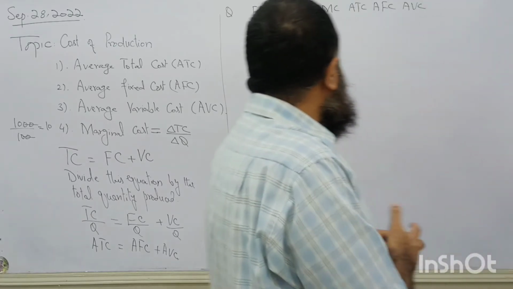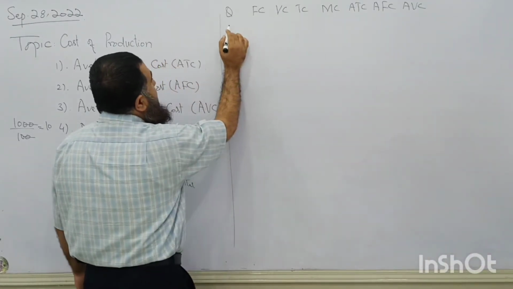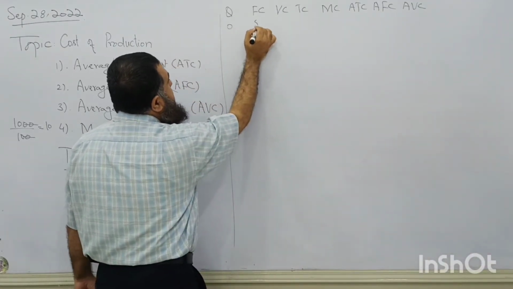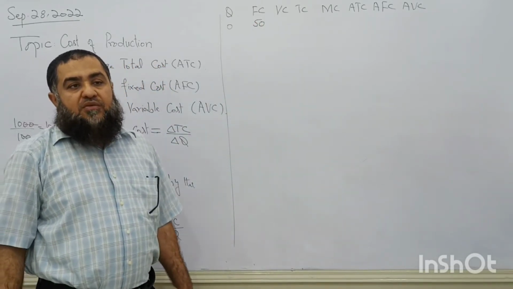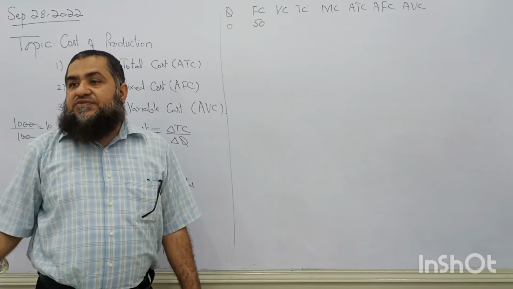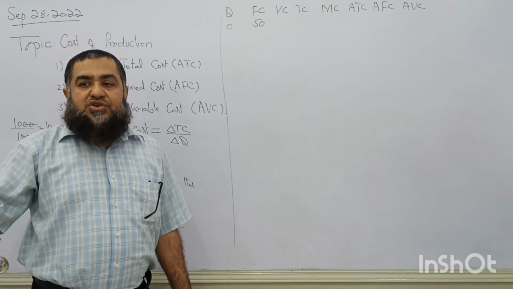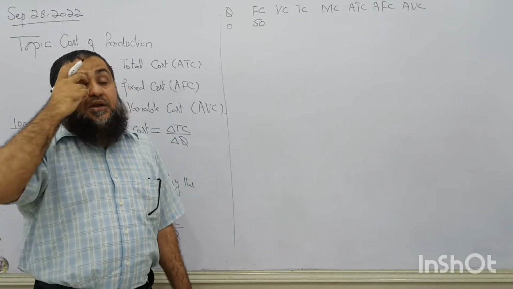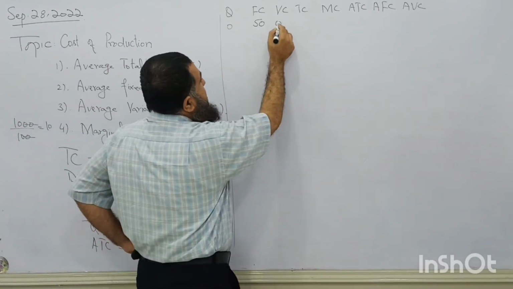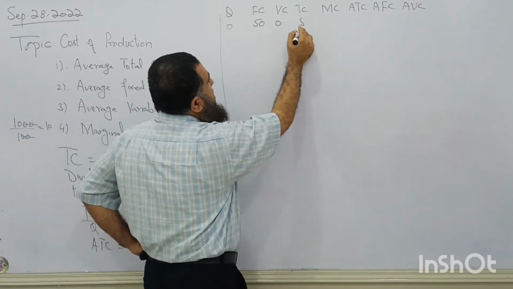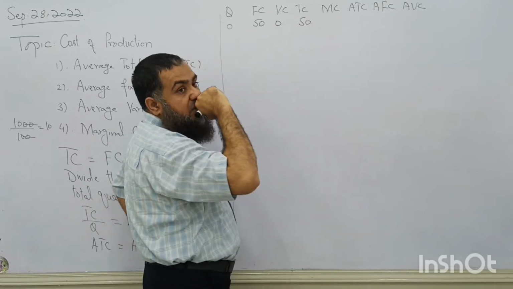Clear? So here I am taking when 0 units are produced, fixed cost is 50. We studied that fixed cost will remain the same even if 0 units are produced or more than 1, whatever the level of output is produced. Now variable cost is 0. What is the total cost now? 50.